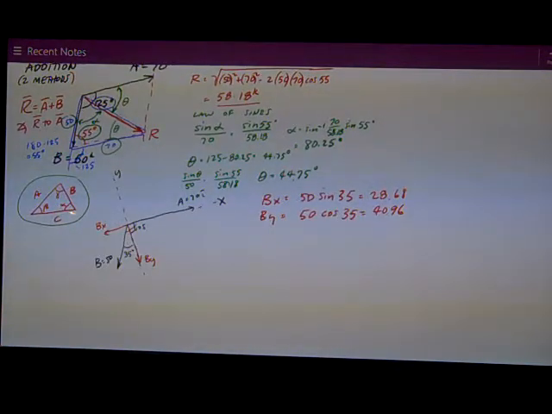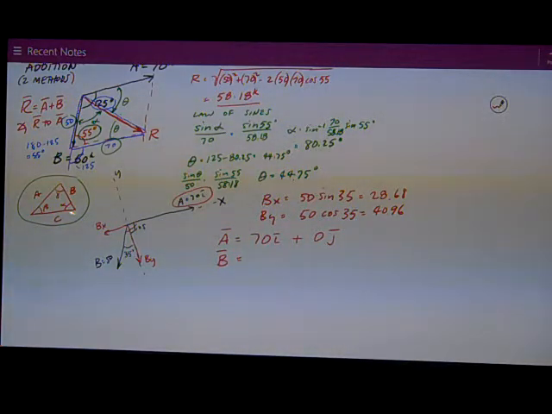Now, A is equal to 70i, so I can just write this in Cartesian form. A is 70i plus 0j. B is these numbers, and I have to give them signs. Both of them are negative.